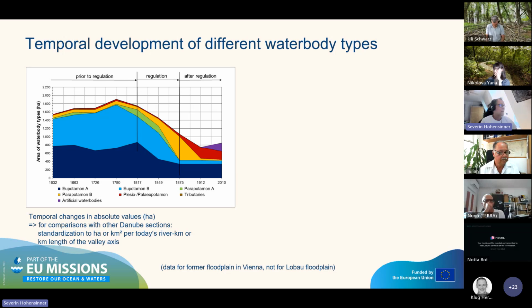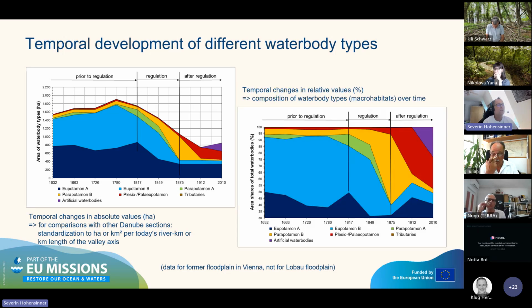But for comparison with other Danube sections, we always standardize the values to hectare or square kilometer per today's river kilometer, or per kilometer length of the valley axis, to make the results comparable.